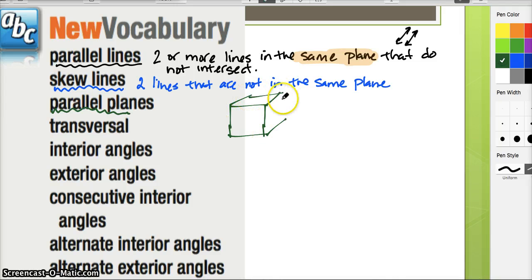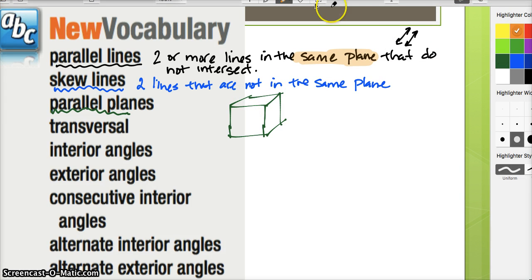So if we think about two faces of this cube, let's say this face over here that I will color in green, and let's say this face over here, let me get the dotted line to represent the face opposite it, and this would be dotted as well. And this face over here, which I have in orange, kind of a solid color there. These two faces are parallel planes because they extend infinitely in every direction, and they will never touch each other. So that's what a parallel plane is.